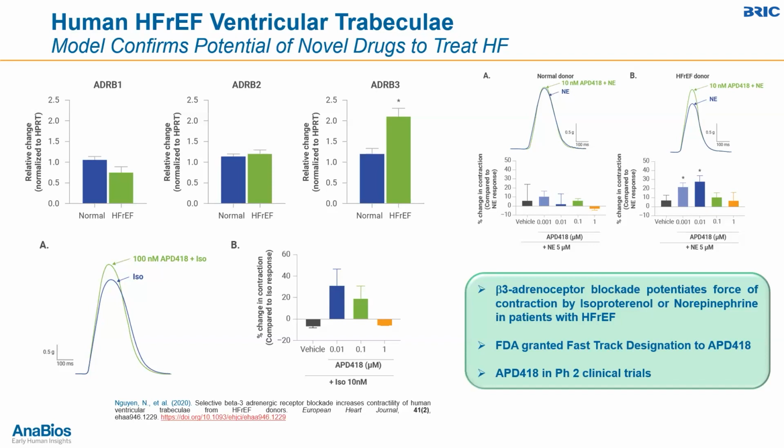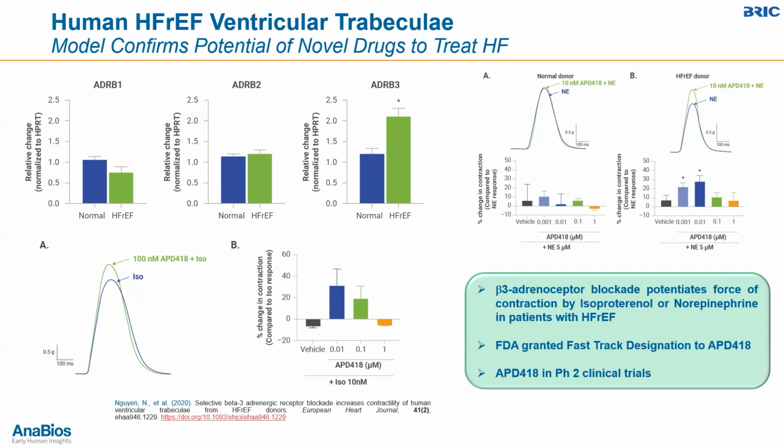And the idea here, when you block the beta-3 receptors, basically you will block nitric oxide generation and cyclic GMP production. And by doing this, you will relieve the impaired contractility. And this is how you will treat the patient. And you can see from the data presented at the top right-hand side of the slide that when treating the HFrEF tissue with this beta-3 antagonist in the presence of norepinephrine, we were able to increase the contractility in HFrEF patients versus normal donor hearts.